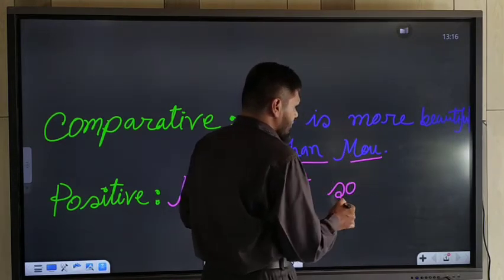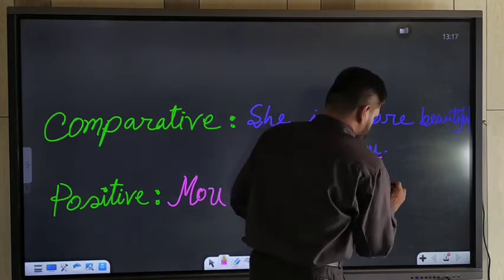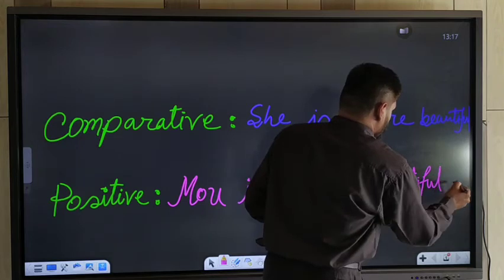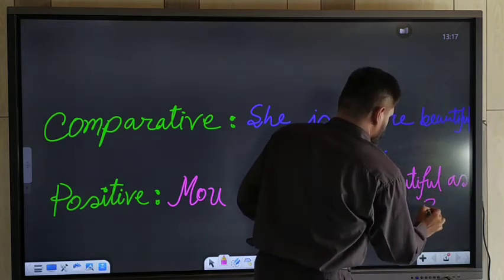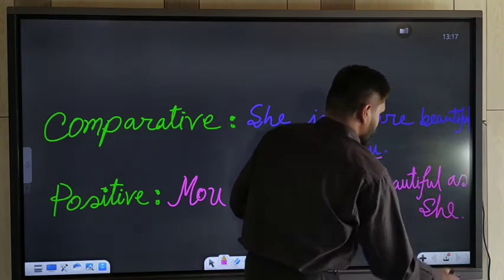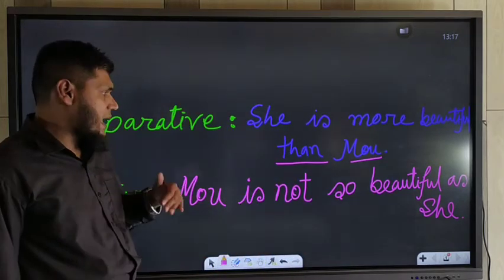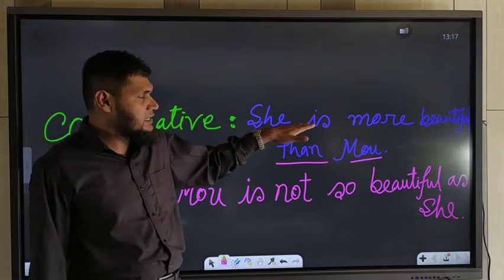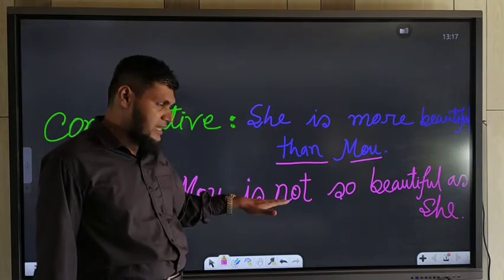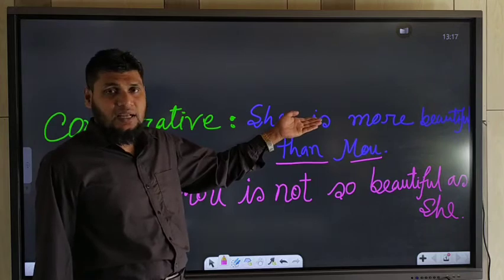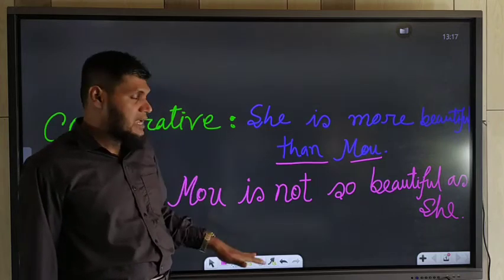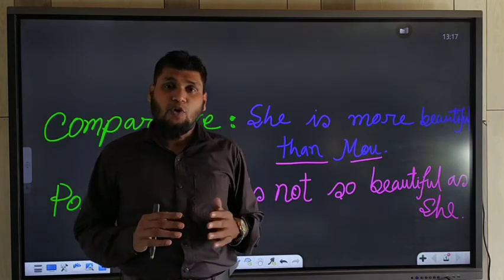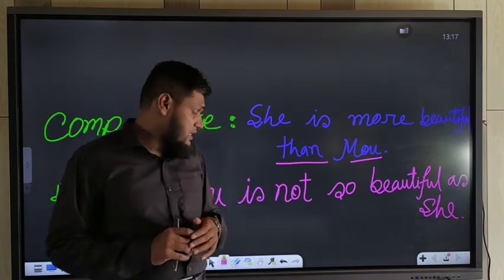You should use the first subject at the end. In this way, if the sentence is affirmative, you should use negative form. If the sentence is negative, you should use affirmative form. These are the rules to sense positive, comparative and superlative degrees.